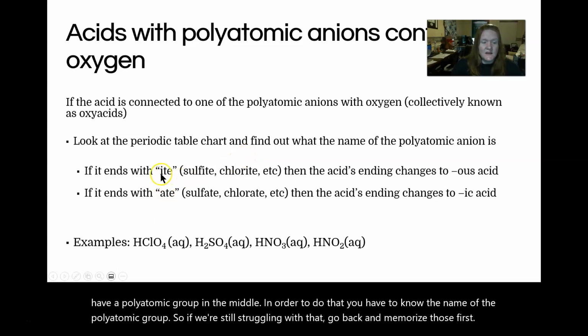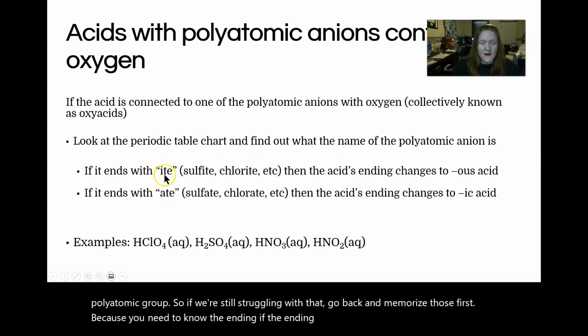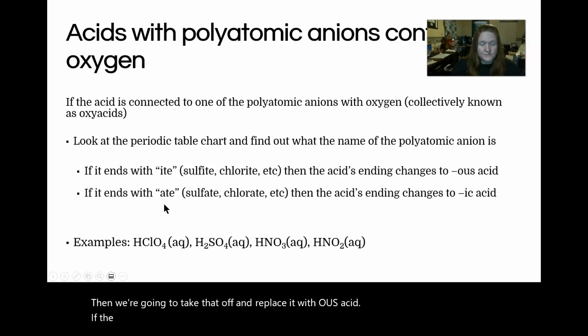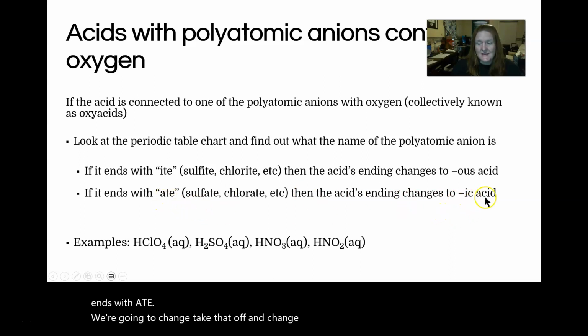Because you need to know the ending. If the ending of the polyatomic is ITE, then we're going to take that off and replace it with OUS acid. If the polyatomic group ends with ATE, then we're going to take that off and change it to IC acid, ic acid.